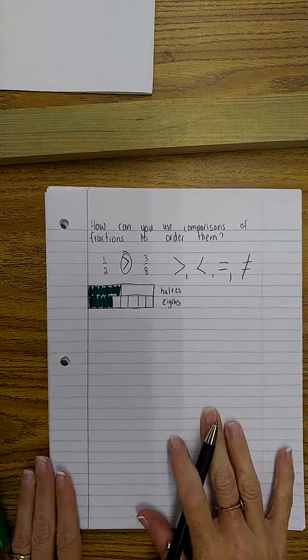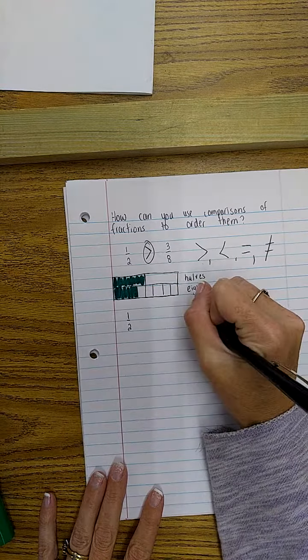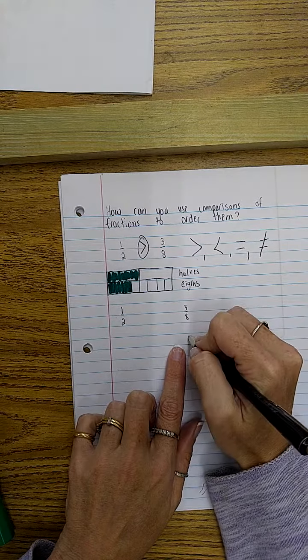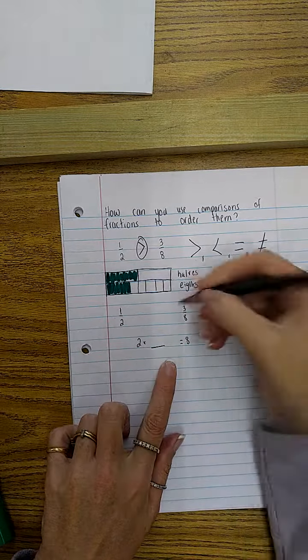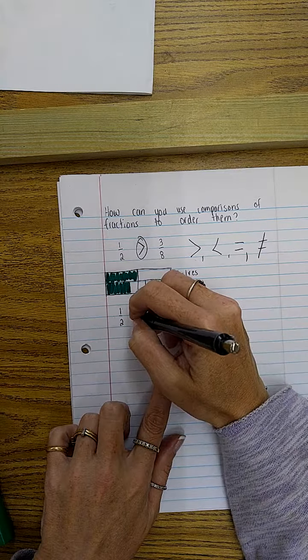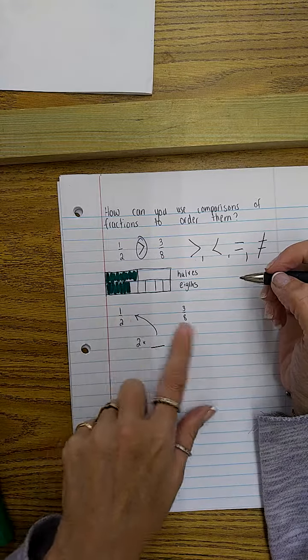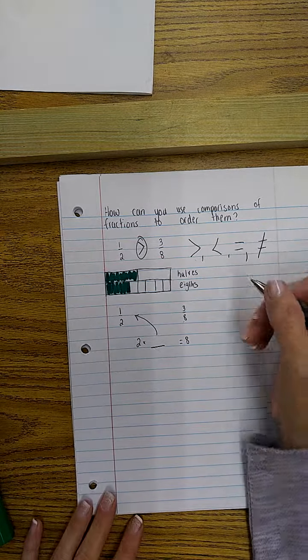Another strategy that the children were taught was common denominators. So I have 1/2 and I have 3/8. I would think to myself, 8 is equal to 2 times what? That tells me what I'm multiplying this fraction by to make an equivalent, or common, denominator as we call it.